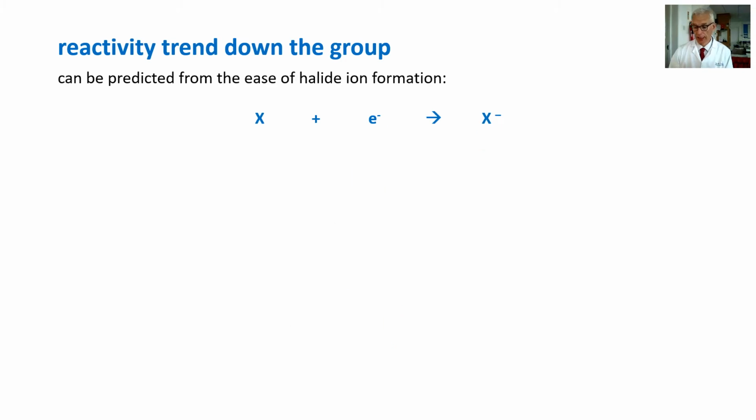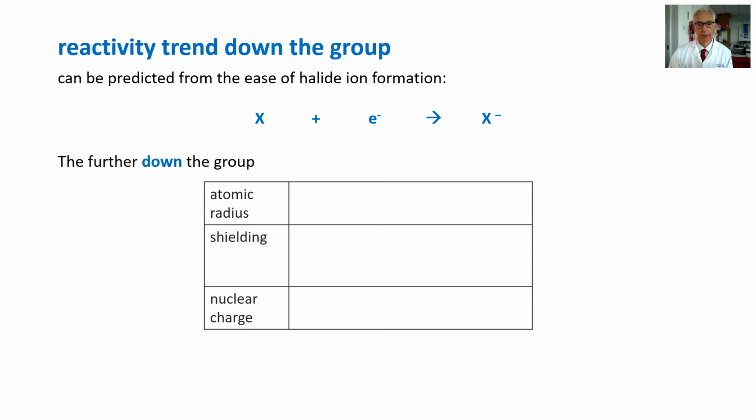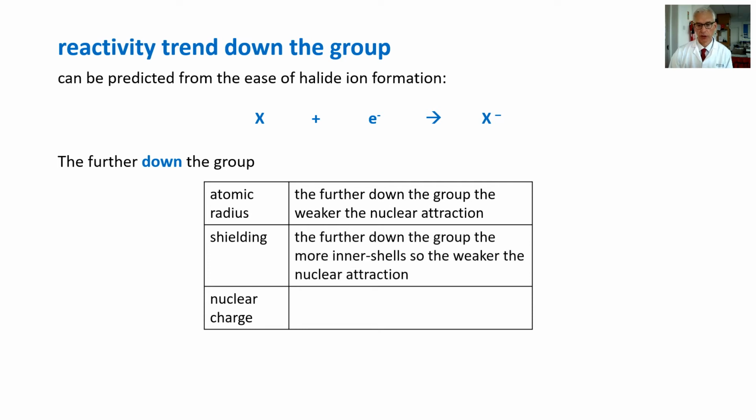Recapping on that idea and just tidying up, as we go down group 7, we need to consider changes in atomic radius, shielding, and nuclear charge. As we go down the group, due to an increase in atomic radius, the nuclear attraction is weakened. Due to there being more inner shells, the nuclear attraction is weakened.